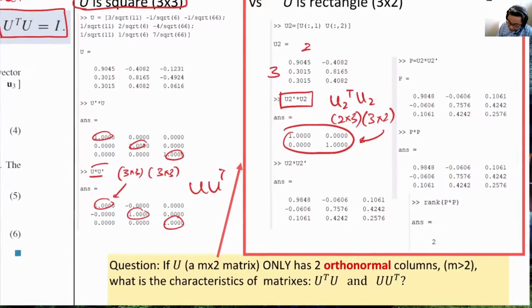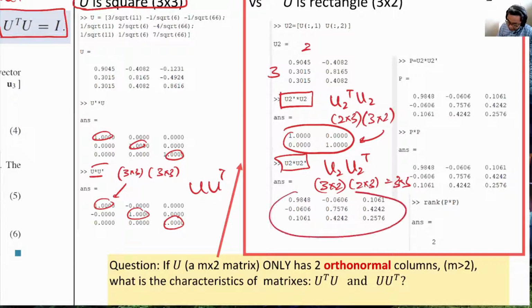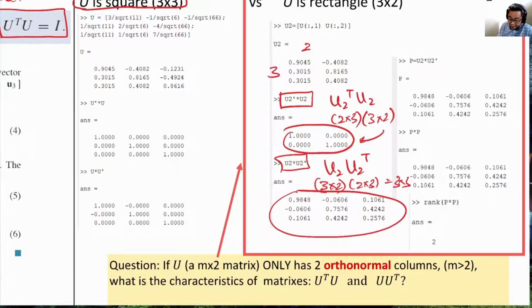Now, what about U2 U2 transpose? U2 is a 3 by 2 matrix. U2 transpose is a 2 by 3 matrix. We get a 3 by 3 matrix. So although we get a 3 by 3 matrix, it is not the identity as in the last example.